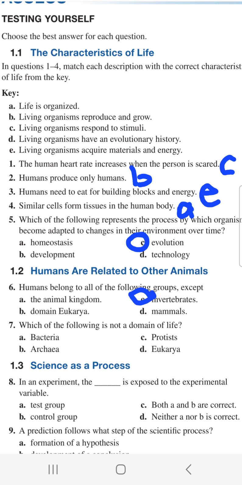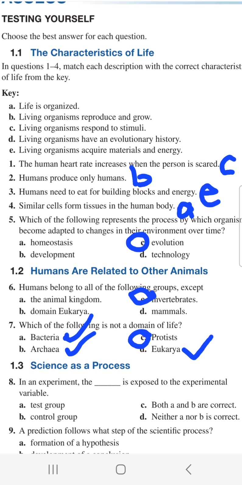Actually I'm going to change my answer, because the text took bacteria to be prokaryotes. So this is the first domain, the second domain is archaea, and the last domain is eukarya. So protists are a kingdom, like the animal kingdom, within the eukaryotic domain.